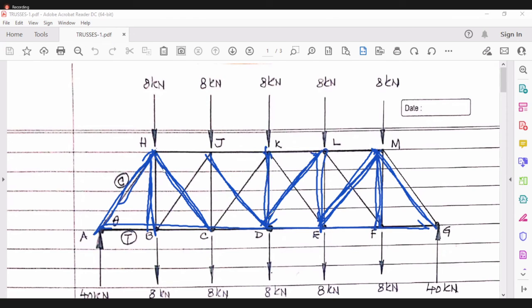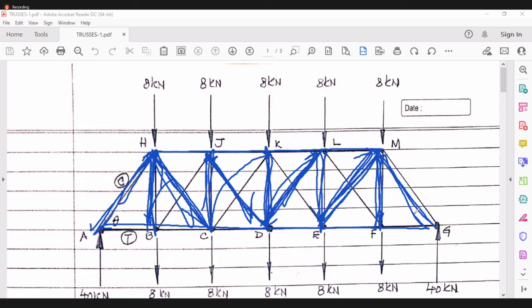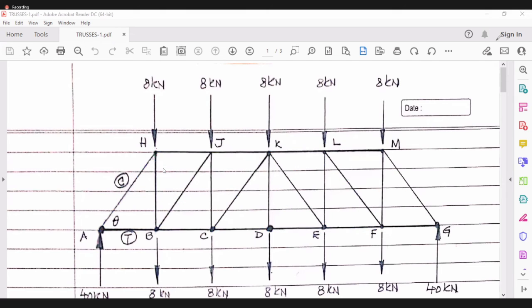Then this long part will come in tension. These parts will come in tension. And these vertical parts will come in compression. We have to see for ourselves by solving a problem, and we will do that, dear friends. So this was the method of joints.